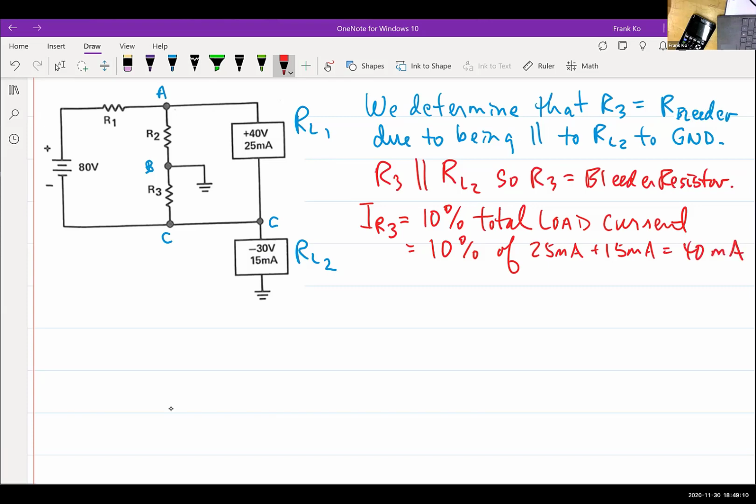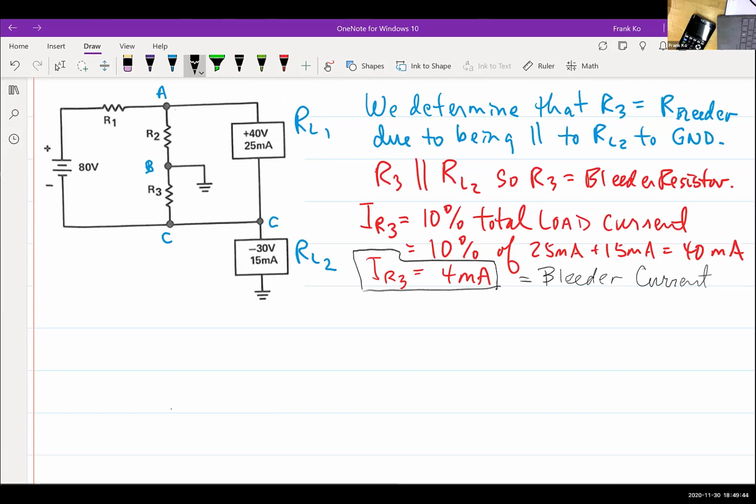Is that right? That's your total load current. So 10% of 40 milliamps is going to be equal to 4 milliamps. So this is your IR3. Is everybody okay with that statement? IR3 is 4 milliamps, and that is equal to your bleeder current.